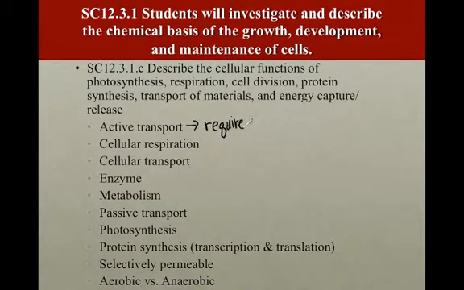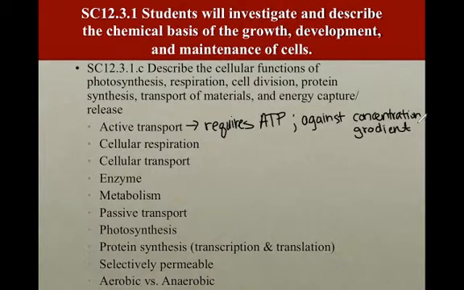Requires ATP. And usually it moves substances against the concentration gradient. He's in A&P. We studied all this again.